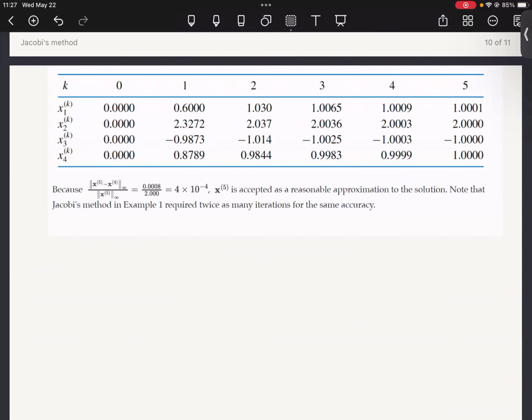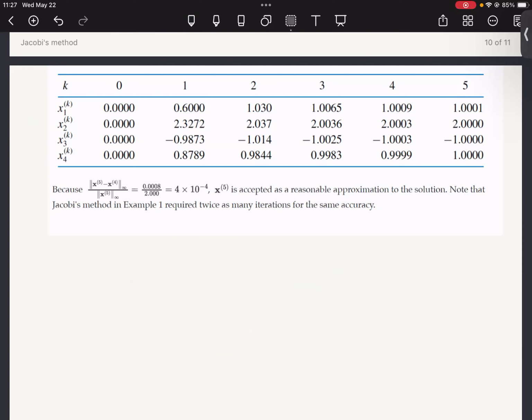This is the component value, and this is the initial vector. We have just 4 components for one vector, because it's a 4-dimensional space. This is the first iteration result. This is the x1, this is the x2, this is the x3 vector, this is the x4 vector, x5 vector.